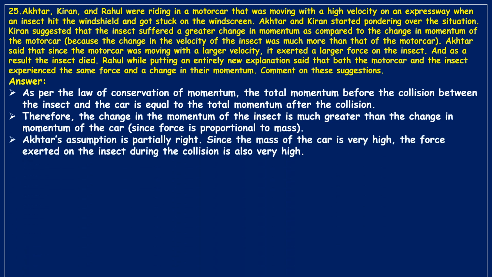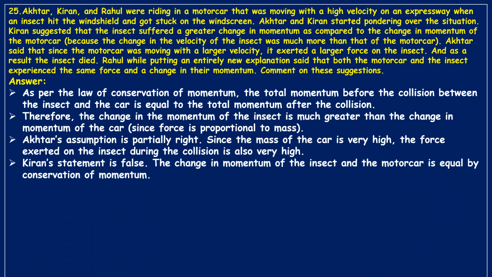Now, Akhtar's assumption is partially right. Since the mass of the car is very high, the force exerted on the insect during the collision is also very high. It's partially right. Kiran's statement is false. The change in momentum of the insect and the motor car is equal by conservation of momentum.